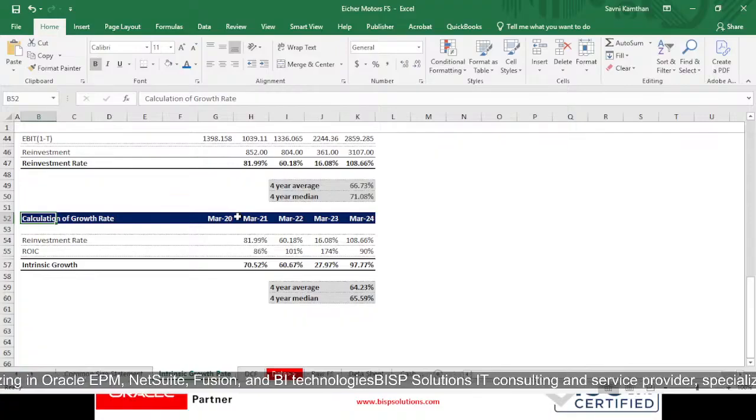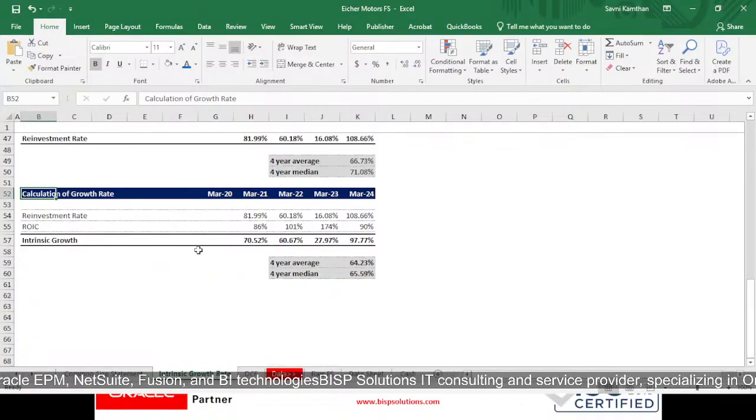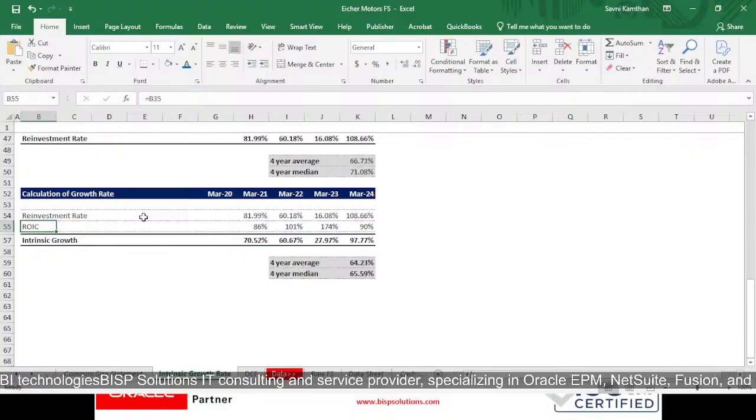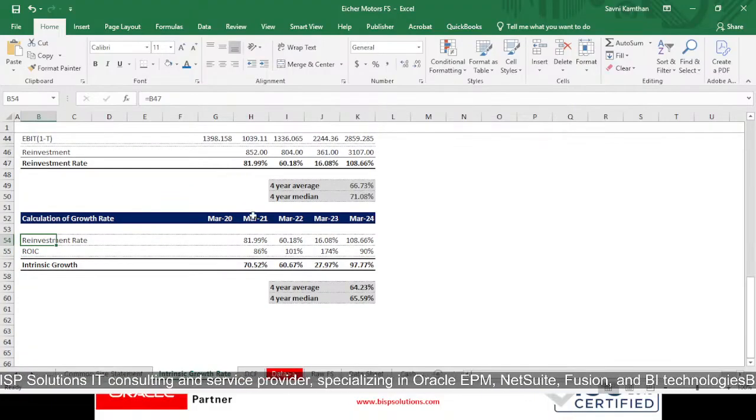Then coming to our calculation of growth rate, March 20 will be the same as here. I have taken two topics over here, reinvestment rate and ROIC, which we have already calculated above. In reinvestment rate, we have taken the one we calculated in our previous session.